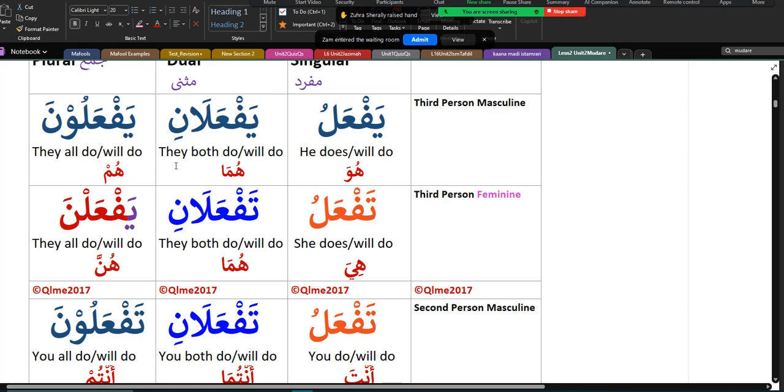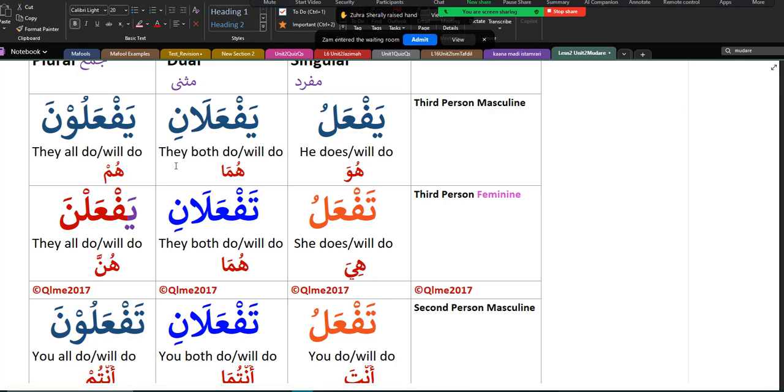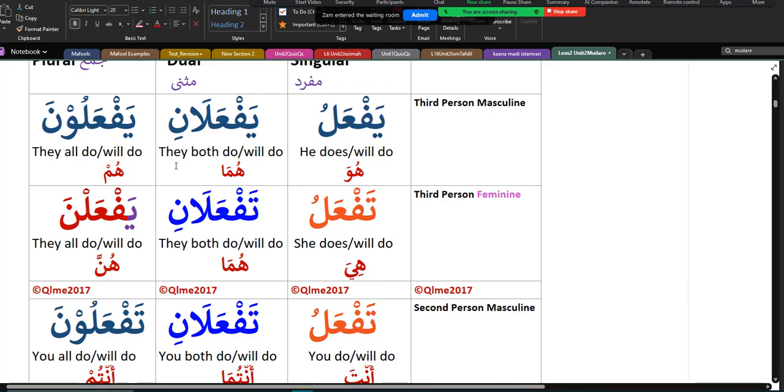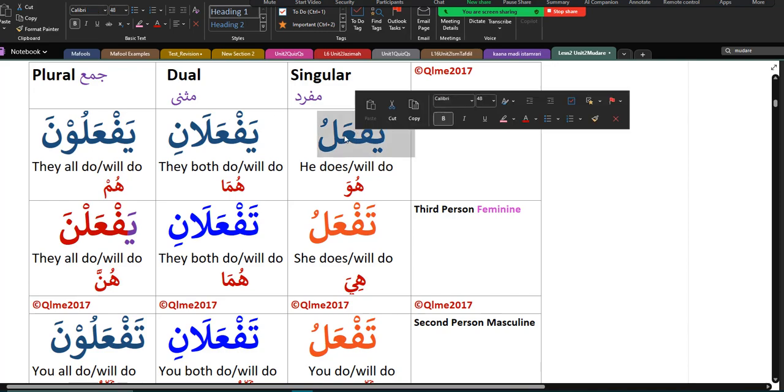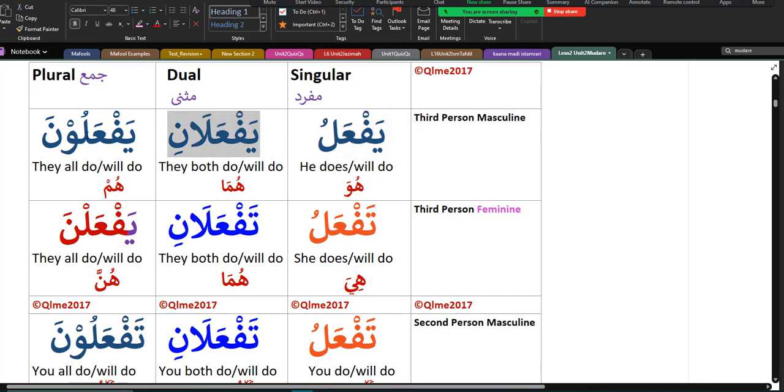And ya is placed for masculine third person singular, dual and plural, and feminine third person plural, right? Has come 4 times. Yaf'alu, yaf'alani, yaf'aluna, and yaf'alna. Okay, so only these 4 are starting with a ya.